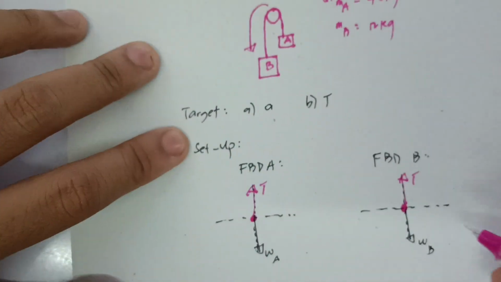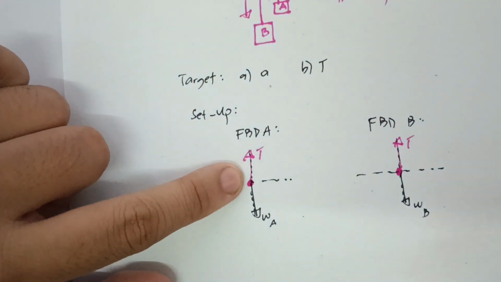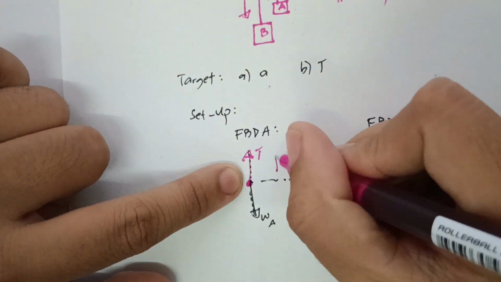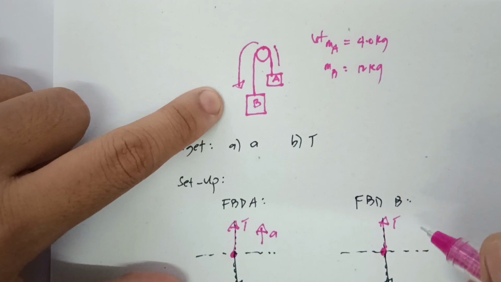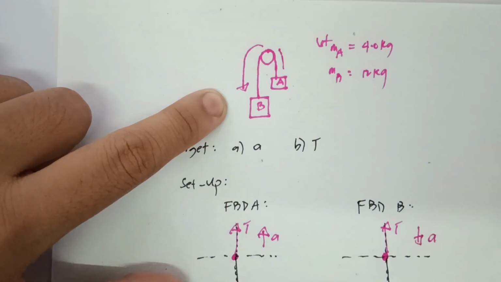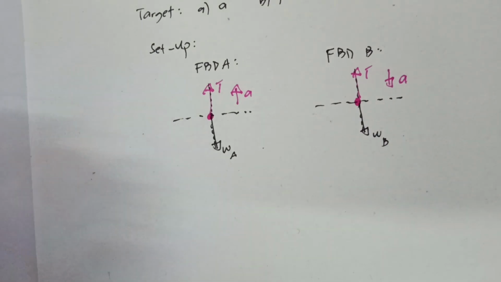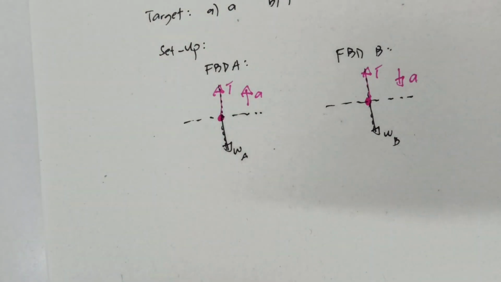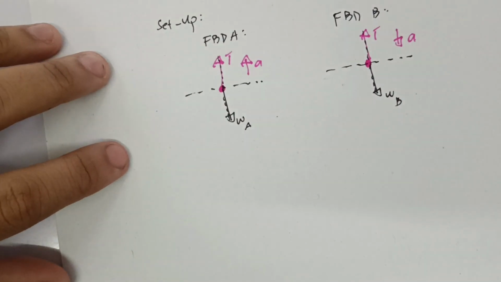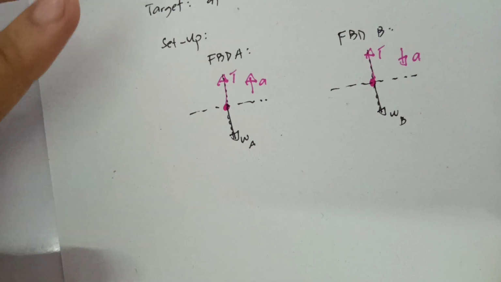So, therefore, relative to object A, the acceleration is going up, okay? But relative to object B, the acceleration is going down. No? So, we have to take note of that. Kasi kung baliktarin nyo yan siya, wrong din ang answer. Your answer will not make sense if ever. Okay? So, yan, okay na yan siya.